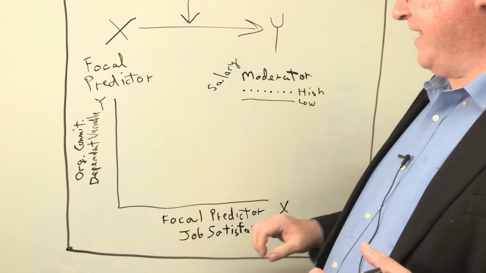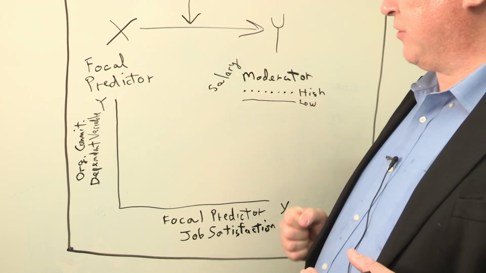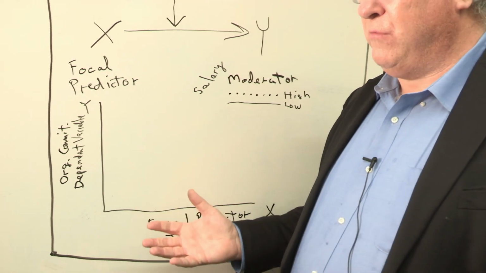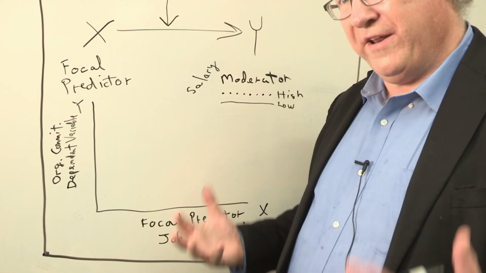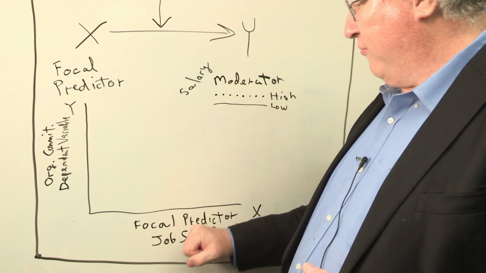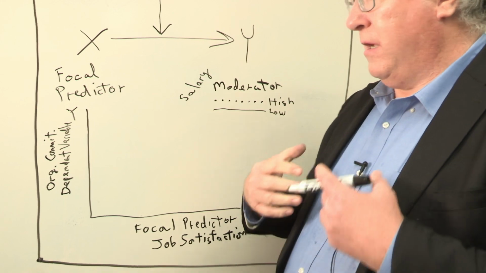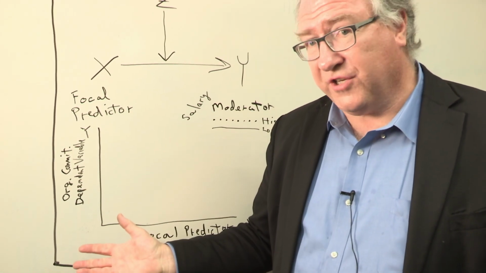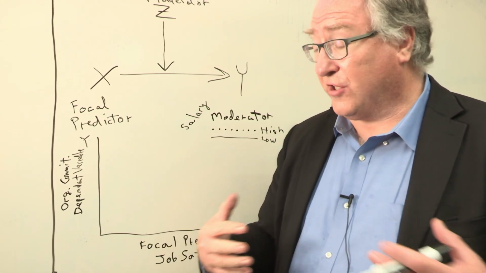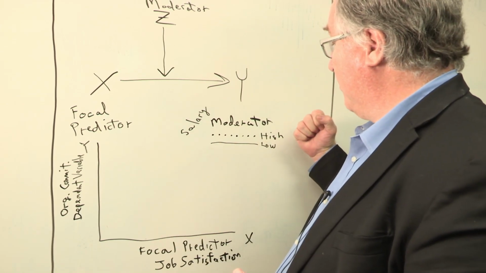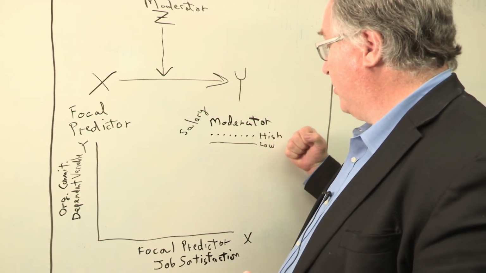Now, let's say that job satisfaction by salary interaction is not significant. Then what you know is that you have one effect of job satisfaction on organizational commitment, regardless of one's salary level. It doesn't matter whether employees are receiving a high salary or a low salary.